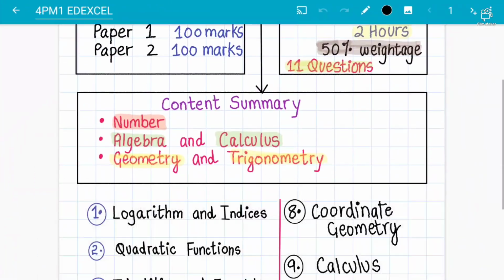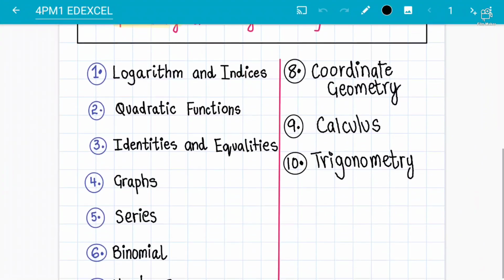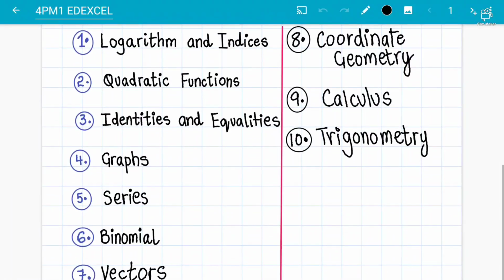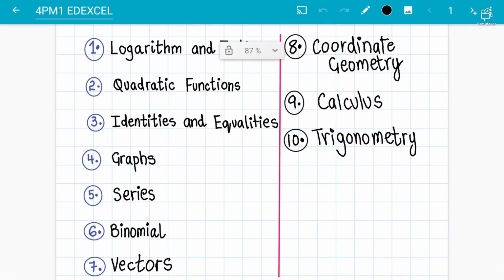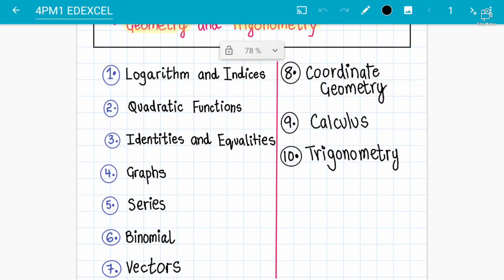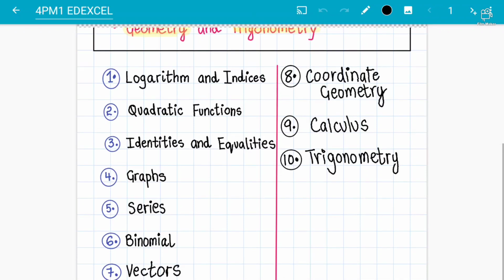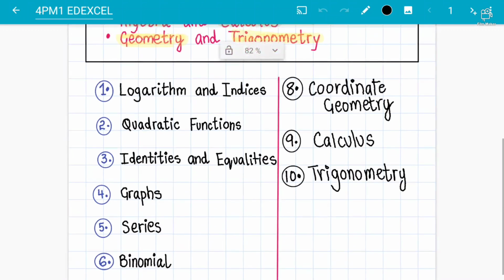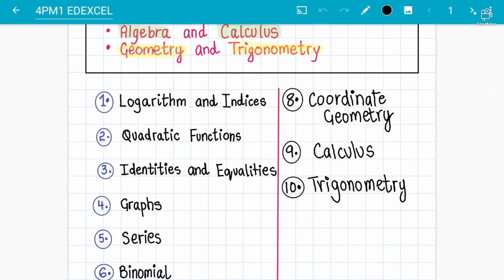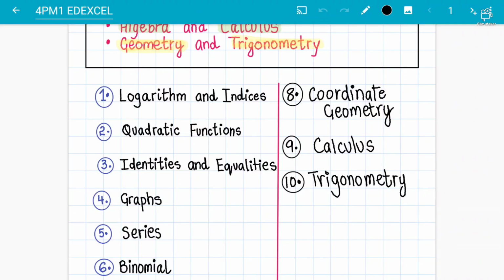Coming back, now we have the topic summary. Students should know that these are the 10 syllabus topics, the 10 main headlines to follow to complete the whole syllabus. The first chapter starts from logs and indices. You should know about surds, how to rationalize, exponential functions, logs, and the change of base law.